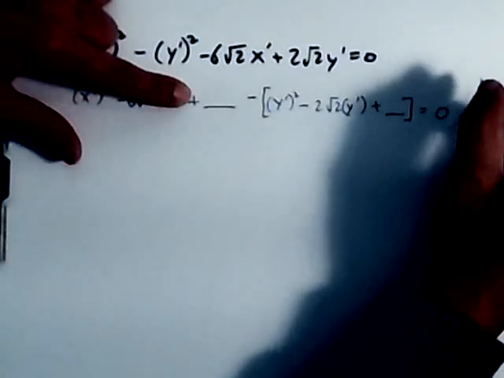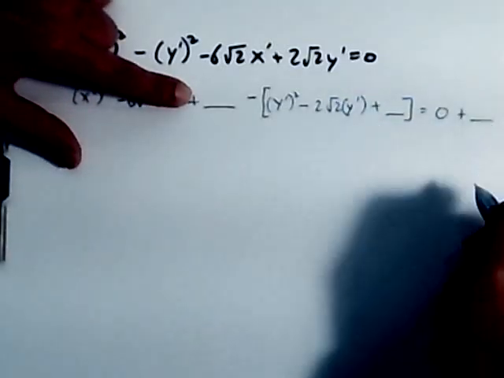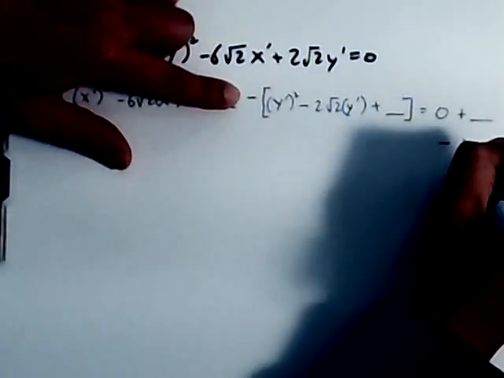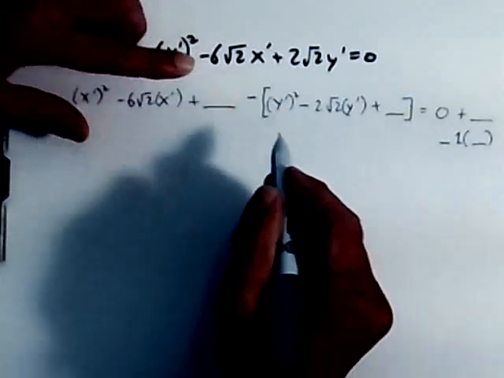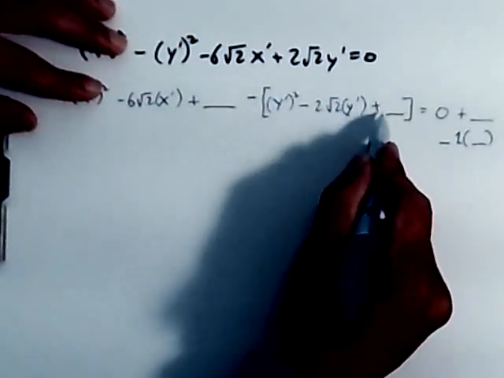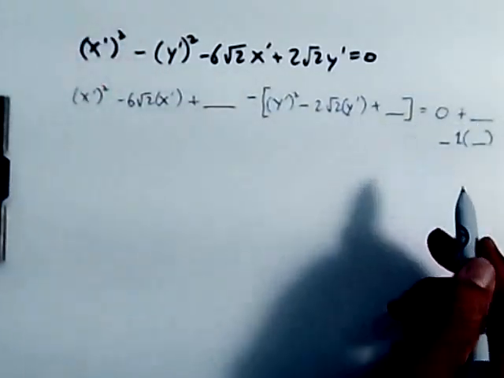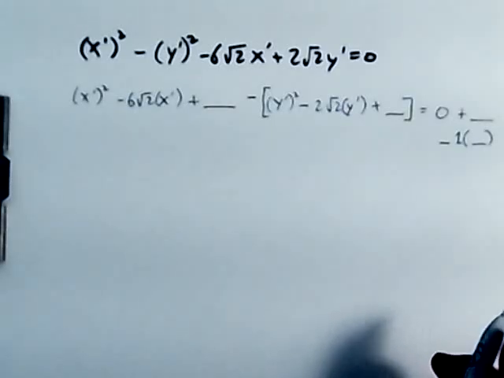And since I added on the left side, I have to add something on the right side. Since I subtracted here, I have to subtract 1 times something. So it's minus 1 times something. Always write this in. It's a good habit to have.